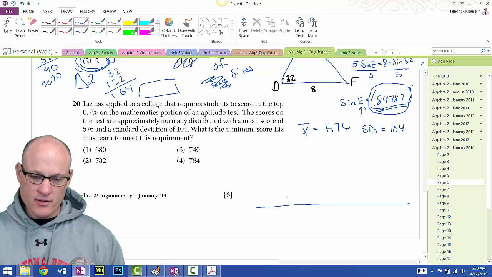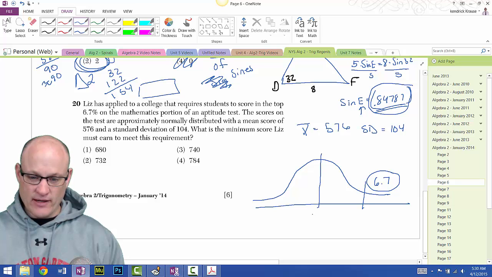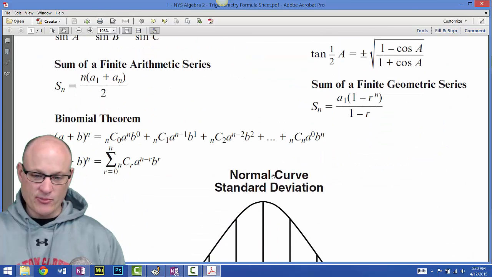So, if you look at your normal distribution curve, top 6.7% is over here. So, this is my X bar, this is 576. Now I'm going to go to my sheet, and I need to find 6.7%.